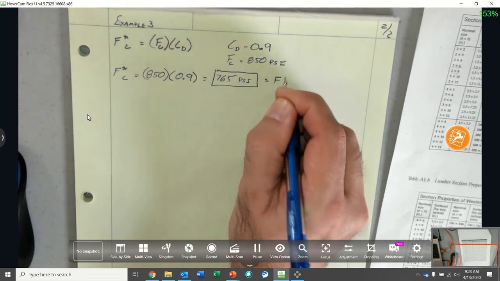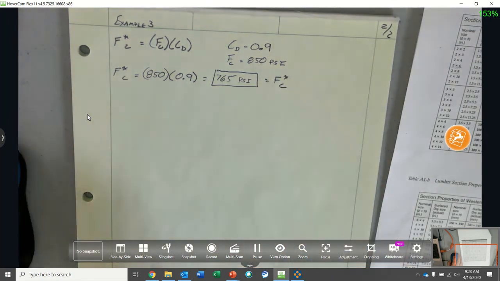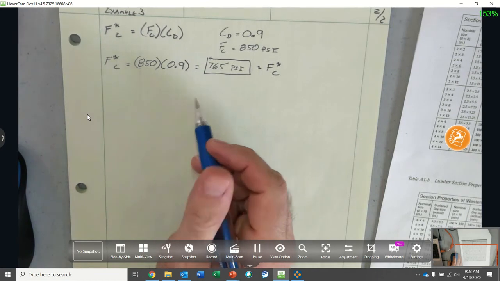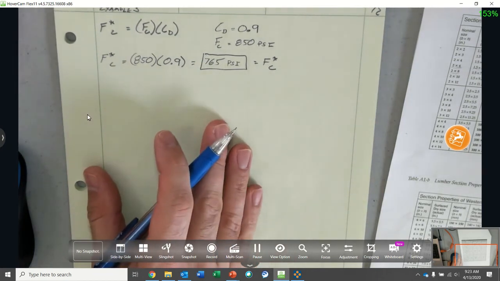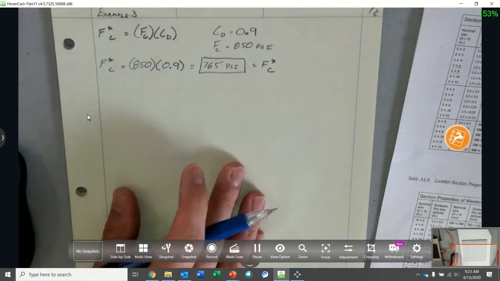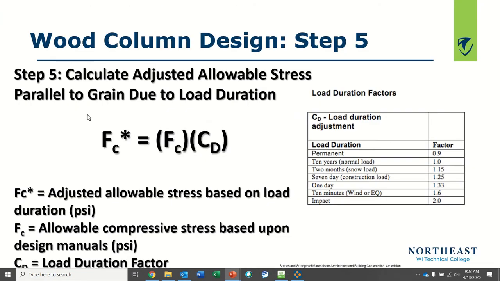That equals F star C, the adjustable allowable stress due to load duration. Creep: basically, wood will creep and deteriorate. It gets moist, it could have a crack in it. So this was step 5.